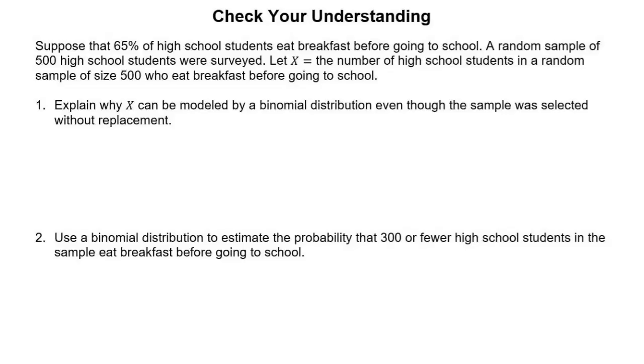Then I want you to use the binomial distribution to find the probability. Then decide whether or not it's appropriate to use a normal approximation. And then I want you to use a normal distribution. So take about 5 or 6 minutes. If you need help, I am more than happy to help.